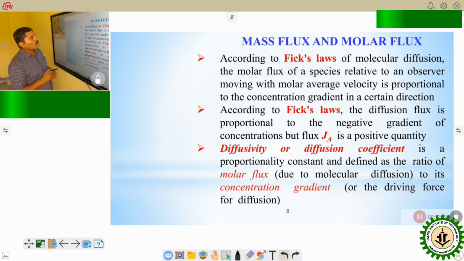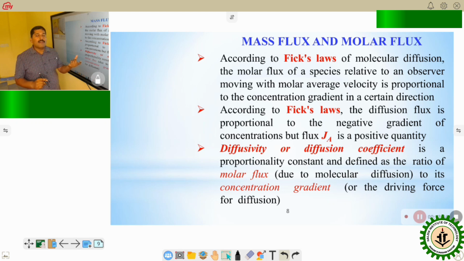According to Fick's law, the diffusion flux is proportional to the negative gradient of the concentration, just as I explained previously. But flux, the mass flux J, is a positive quantity. That's why we put a negative sign, to make the equation consistent.